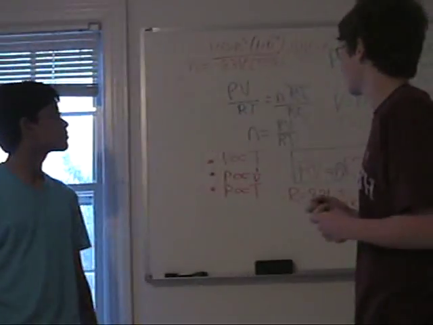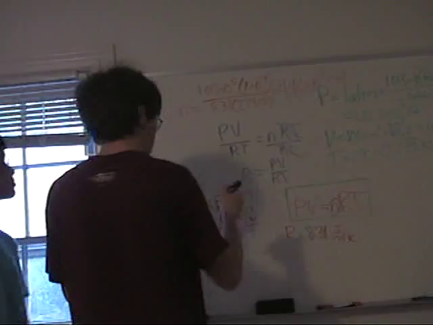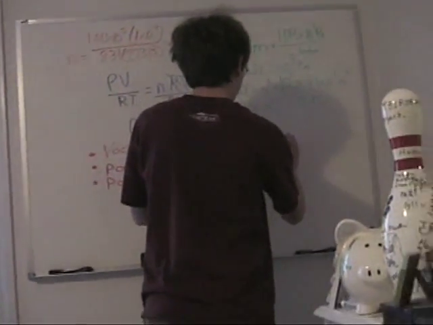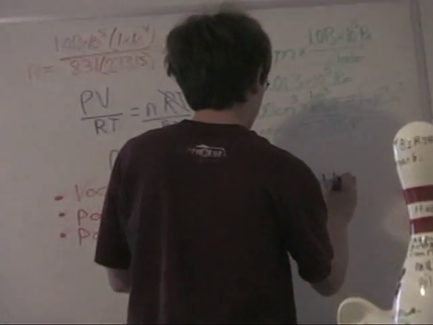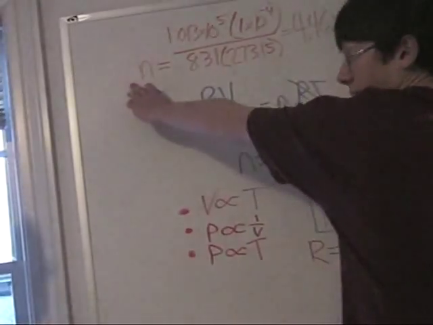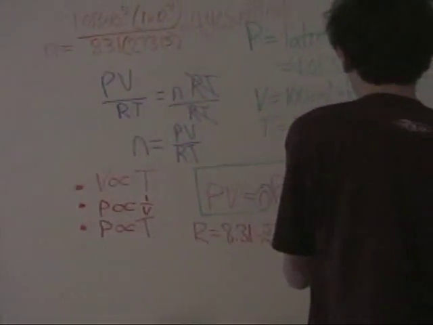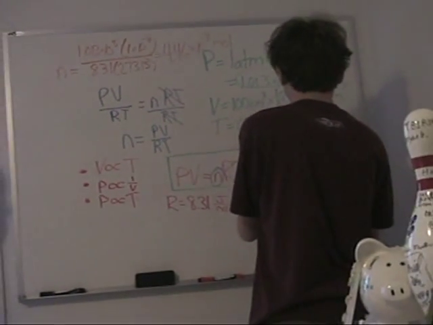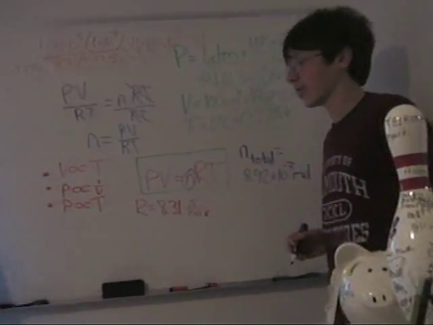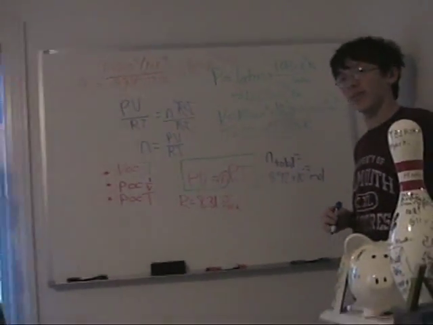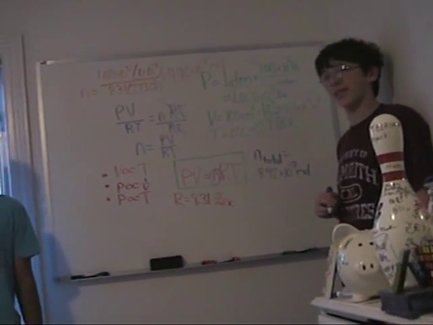Now, that is the number of moles in each container, and since there are two equal containers, the total number of moles, n total, equals twice the number in each container, which will be 8.92 times 10 to the negative 3rd moles. And there you have it. Now we just have to find the number of moles in each container in the next step after.